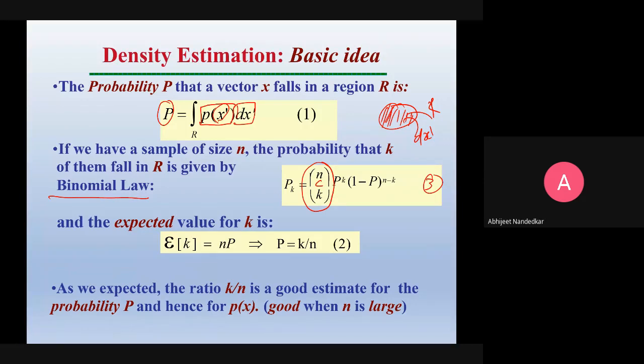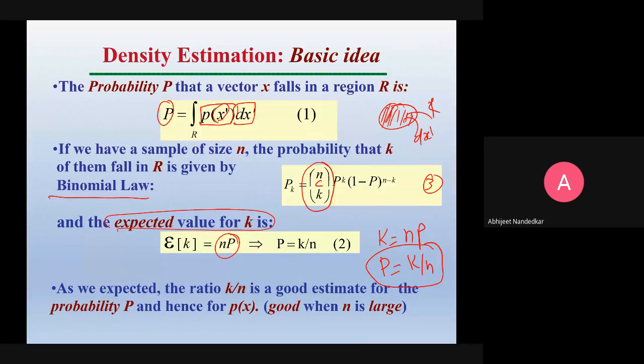This is the binomial law, and the average or expected value for k is nP. So the mean value for the binomial distribution is nP. So for the mean value k, k is equal to nP. So this P is equal to k by n.